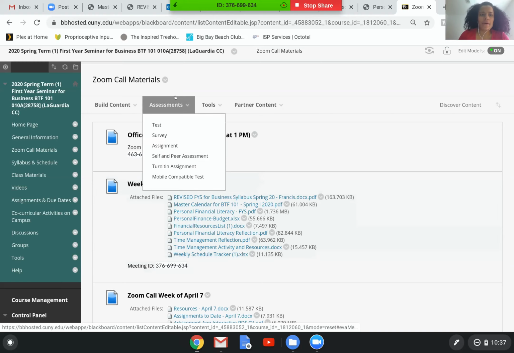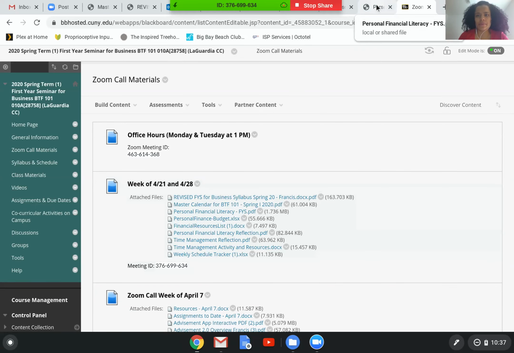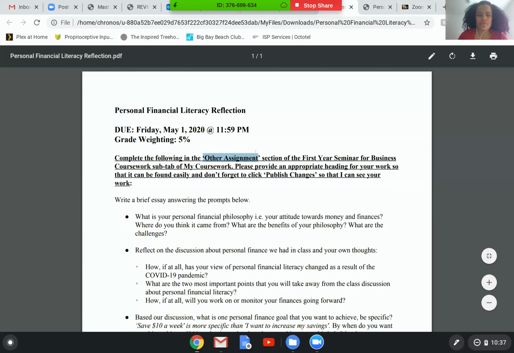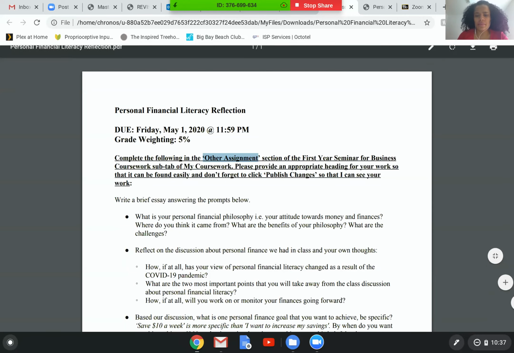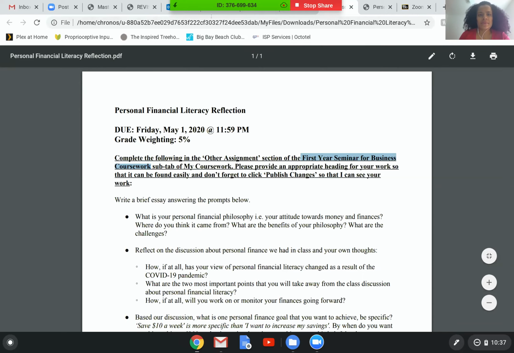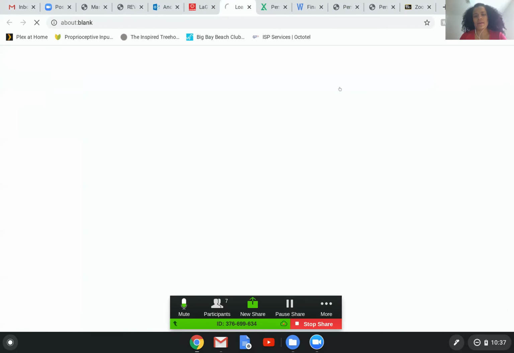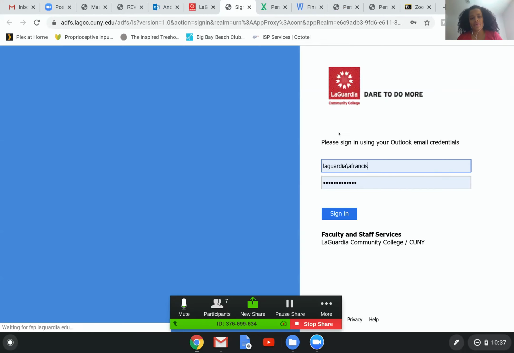Yeah, so I gave instructions on the document. Let me just open it. You're going to go to, and I can open the Eportfolio so that you can see in Eportfolio, there's a first year seminar for business coursework tab. Let me just go there. It will be easier to explain it that way. I just have to sign in to Eportfolio to do that.